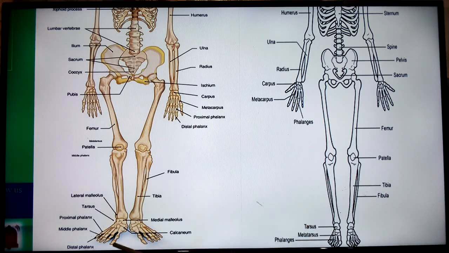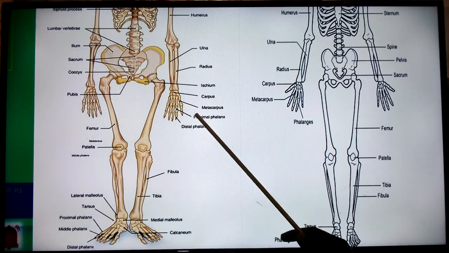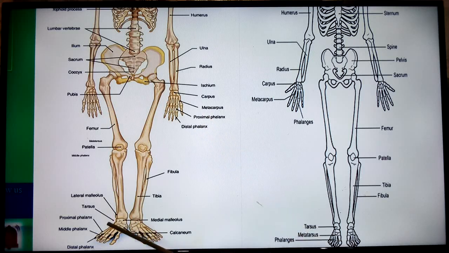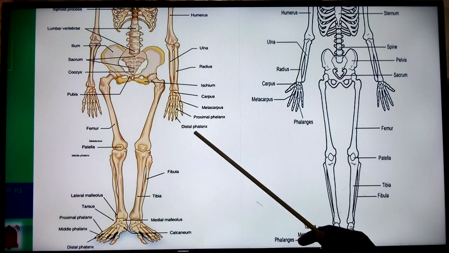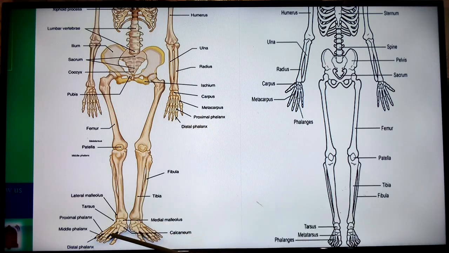The legs also contain this section, which is analogous to the upper limbs: the middle phalanx and then the distal phalanx, which are articulated to this part of the lower limb. So as we can see, these are referred to as the phalanges, metatarsus and tarsus, in this illustration for our second case.